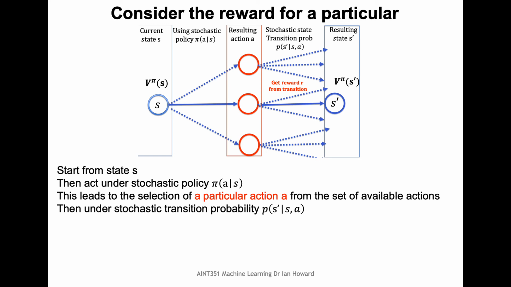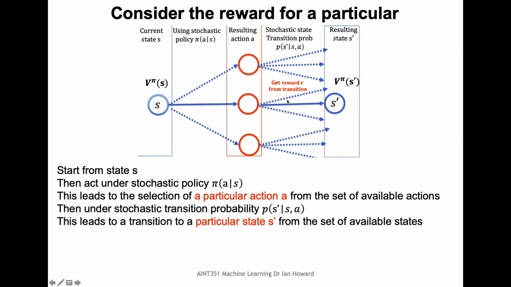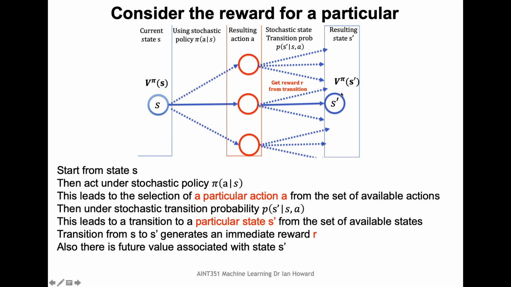It will finally end up in a particular state S prime from all the possible available ones. When we go from S to S prime, we get immediate reward R. And the final state S prime is also associated with a future value, which we can discount if we're using a discounting factor in the calculations. So we discount that with a factor gamma.